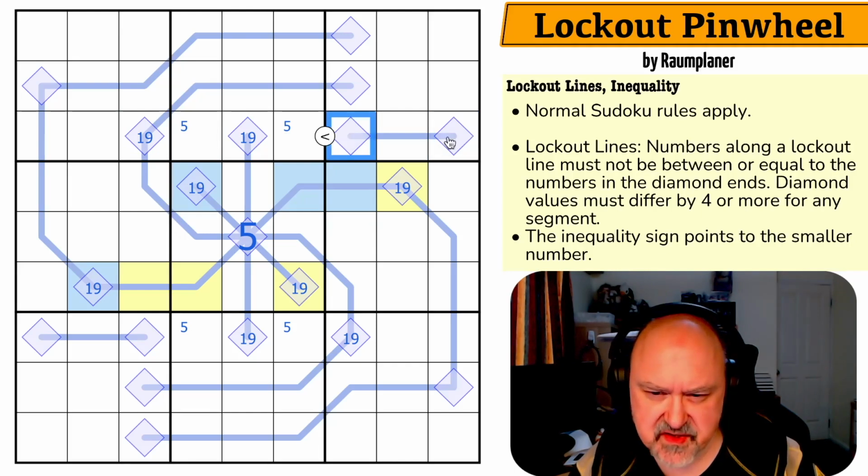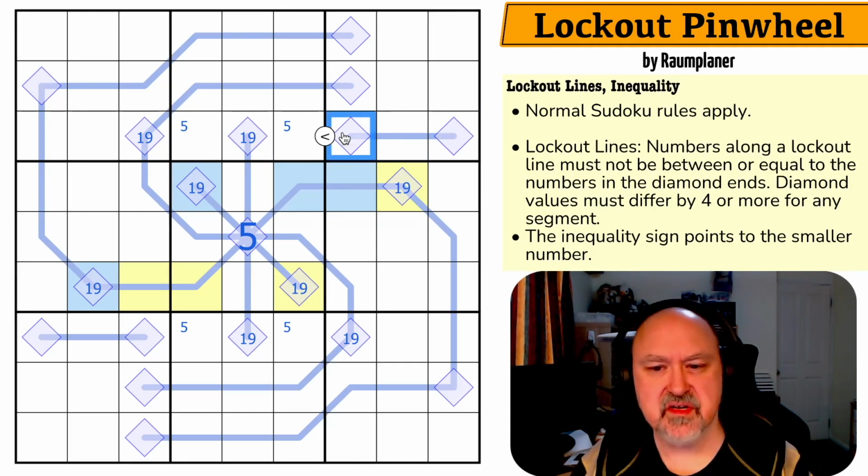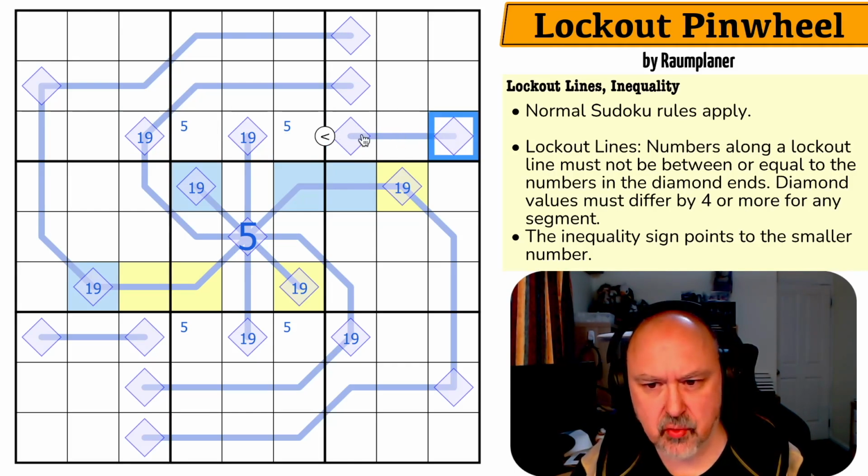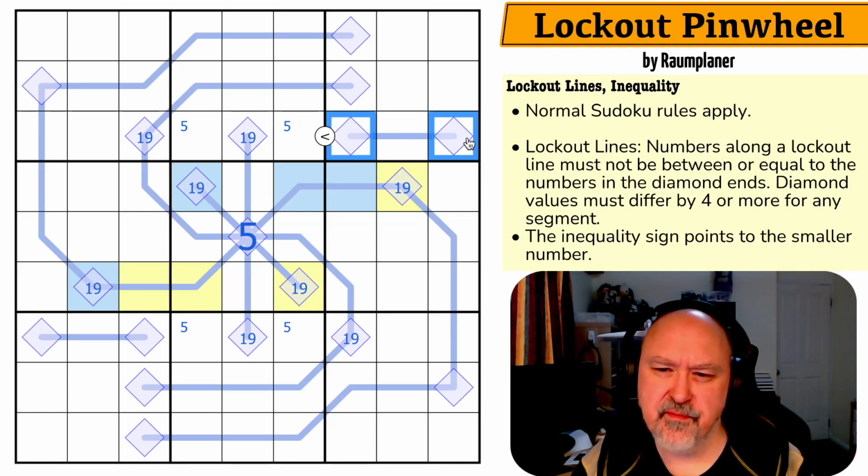So these lines are restricted. Because if this is either 3, 8, hang on, so this is either 3, 8 or 2, 7. Because if I put a 4 here, oh, hang on, I could put 4, 8. This could be 4, 8. And then I'd have 2 or 3 available. No, that works.